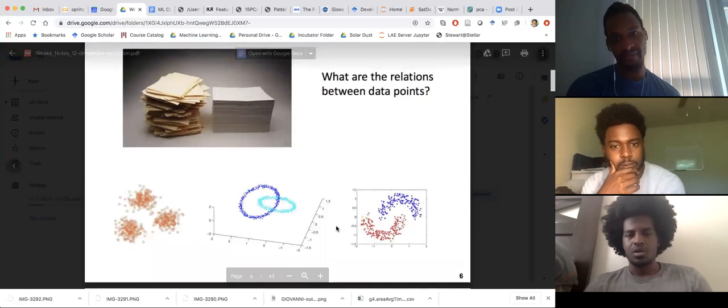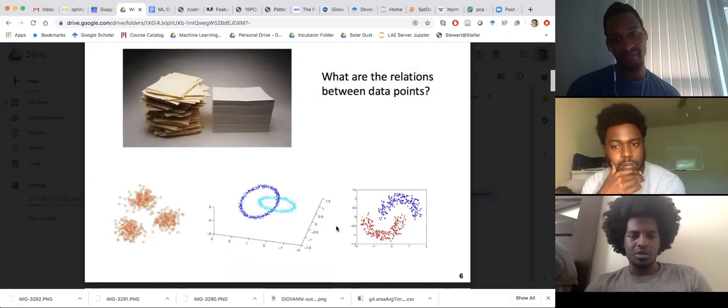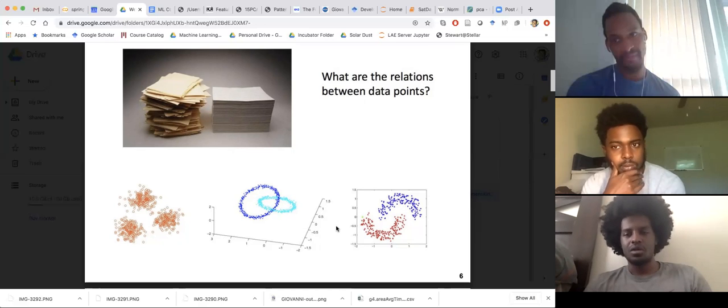You can visually look at the bottom left hand corner. You've got three clusters. You can see how they're clustered together, but you don't actually know what the relationship is between the different clusters. Same with the rings and the other data points. You can see that they have some sort of distribution and they've clustered themselves together, but you don't really know what the relationship is between these two blocks of data.